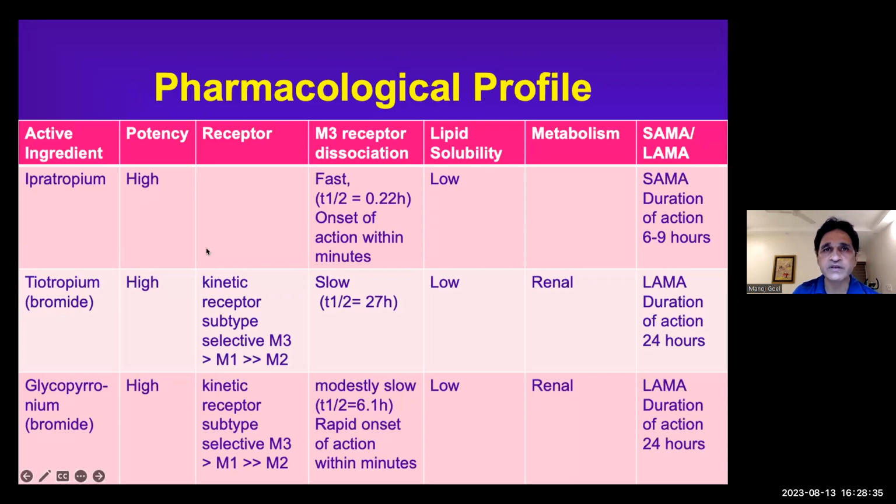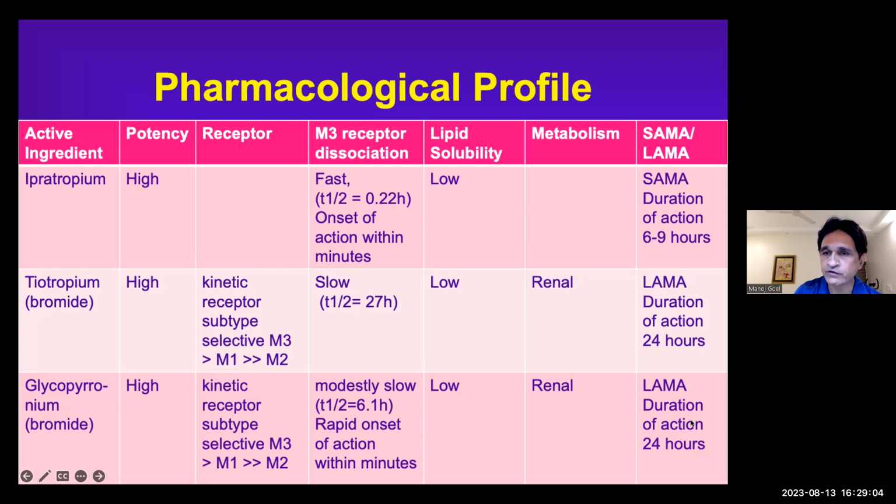So this is the list of the anti-muscarinic agents. Ipratropium is of high potency. It has a fast onset of action within minutes. It has a short duration of action of 6 to 9 hours, and therefore it is called SAMA, or short-acting muscarinic antagonist. Tiotropium has high potency, has a slow onset of action, has renal clearance, and has a duration of action of 24 hours, and is therefore called a long-acting muscarinic antagonist, or LAMA.